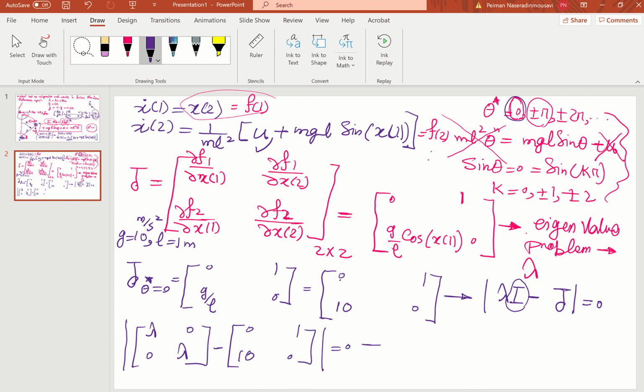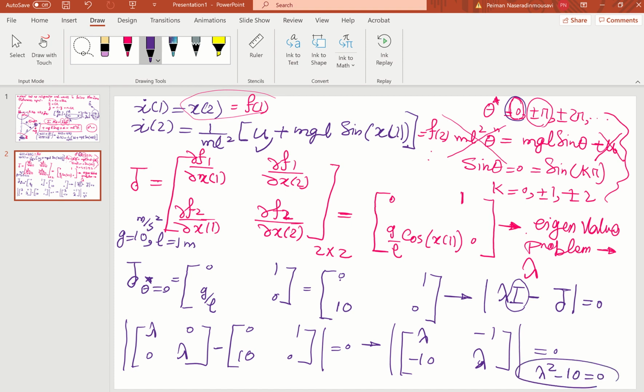This determinant is 0. So what you're going to get is lambda, minus 1, minus 10, and lambda. This determinant is 0 and gives you lambda squared minus 10 is 0. Bingo.